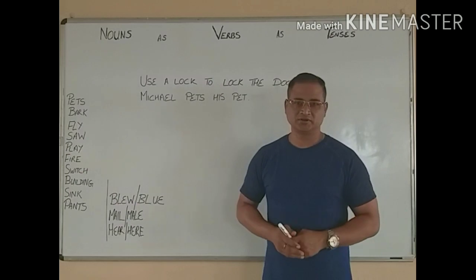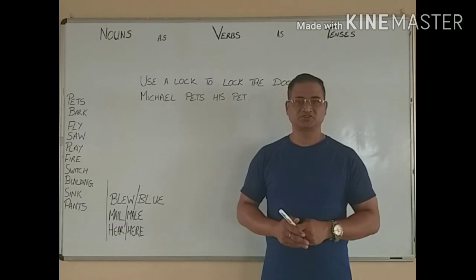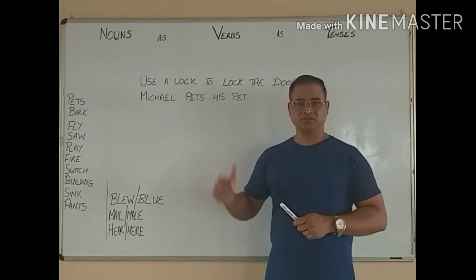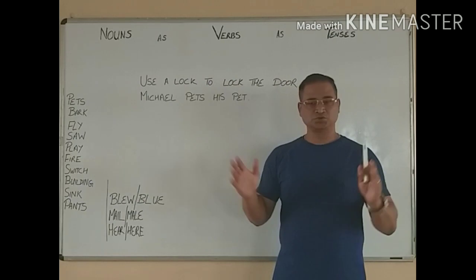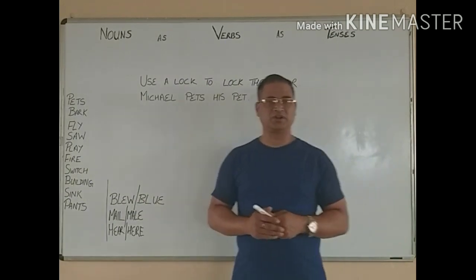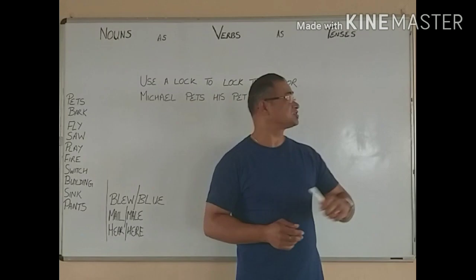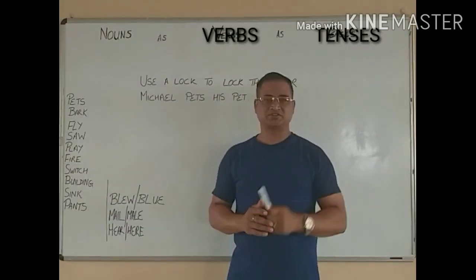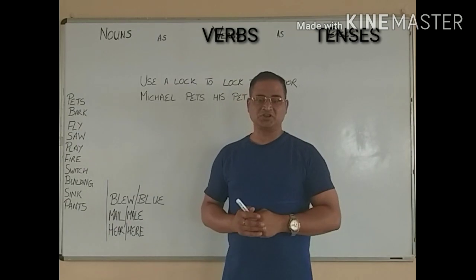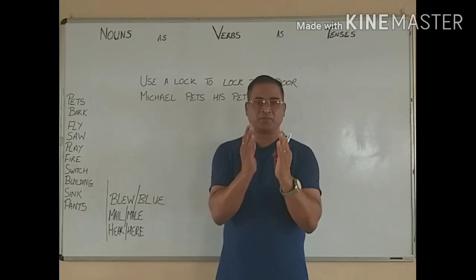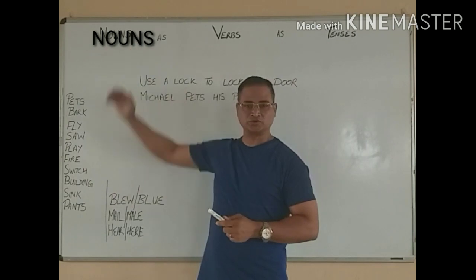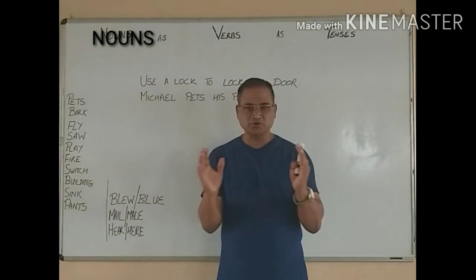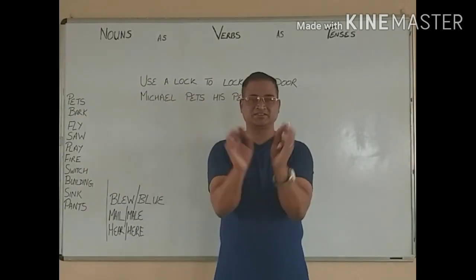I hope you enjoyed the first and the second session of English language, and in this one I'm going to just remove the confusion of a number of people. The last session I did was verbs and tenses, showing you how it is the same thing, and in this session I'm going to bring another part of speech in, which is the nouns. I'll bring in the nouns and I'll put it together, showing you that it is still the same.